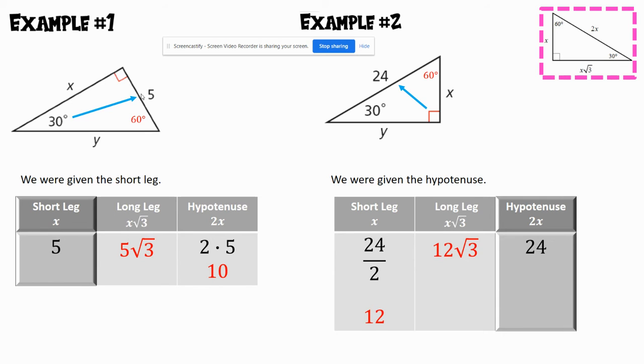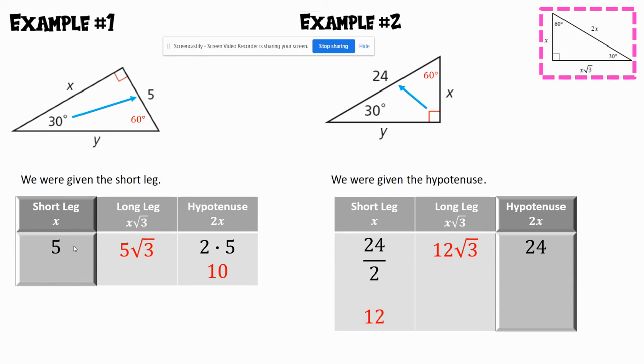These are special right triangles because you only need to know one side length, and you can find all 3 side lengths. So you've got to figure out what side you were given, the short leg, the long leg, or the hypotenuse. Look at where the number is and look at what it's across from. It's across from the 30-degree angle. Well, that means it's the short leg. So I fill it in right in my chart.